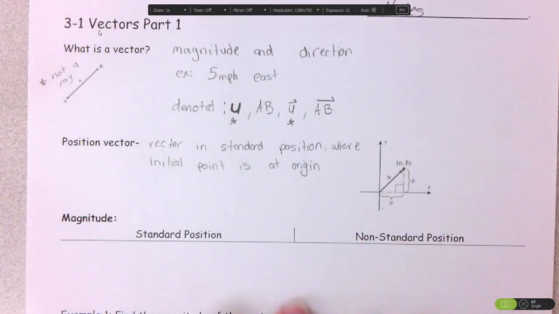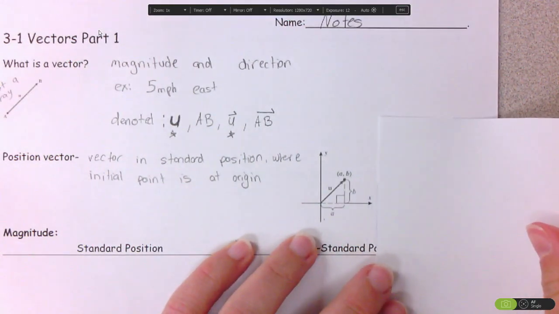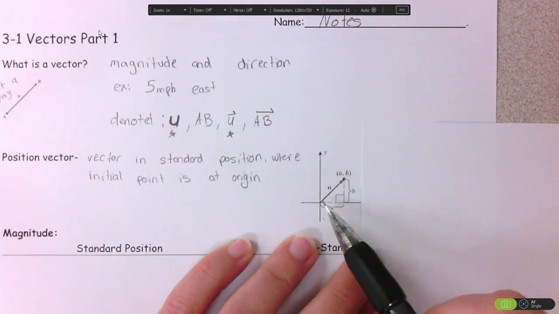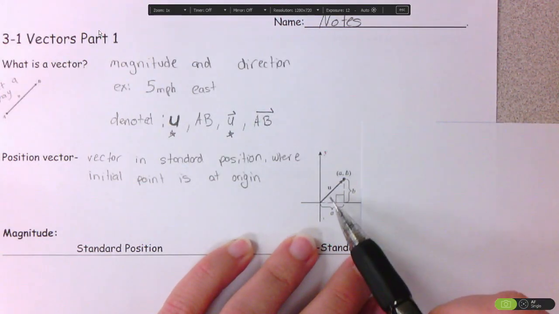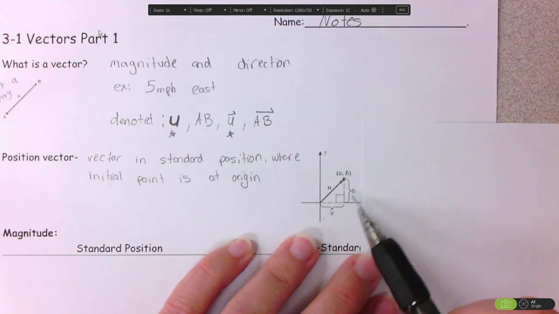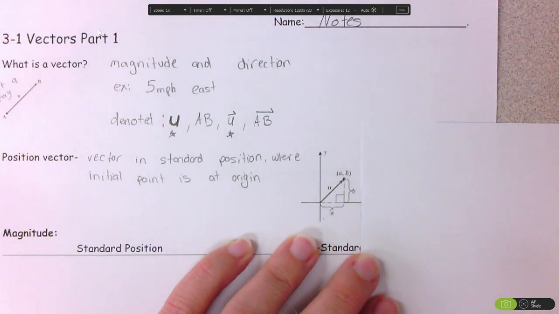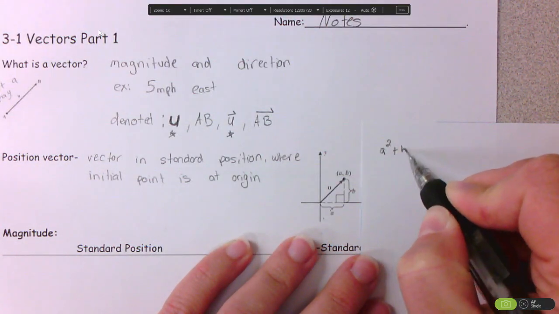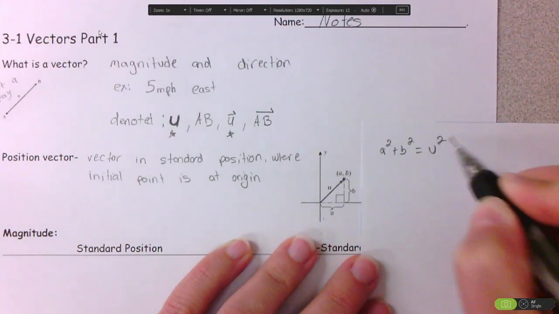So just as an aside here, if I wanted to figure out how long U would be, this is essentially a right triangle. I have 2 of the sides, so how could I figure out what that third side is? We can use Pythagorean theorem. So that would get me A squared plus B squared equals U squared.